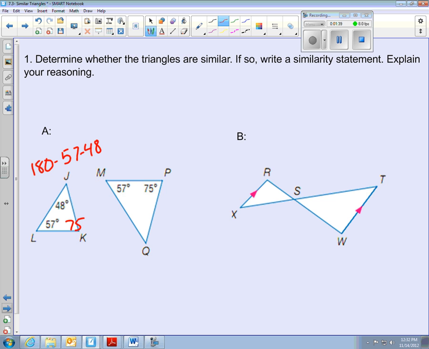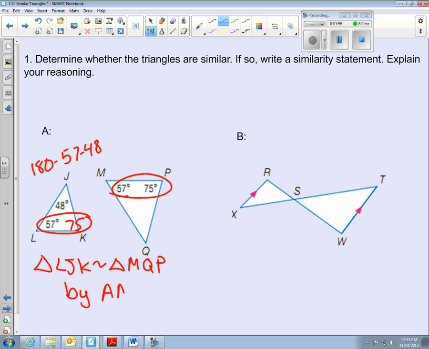So we get 75 here, and right away I can see that these two angles and these two angles are congruent. So I can say triangle LJK is similar to triangle MQP by our angle similarity.